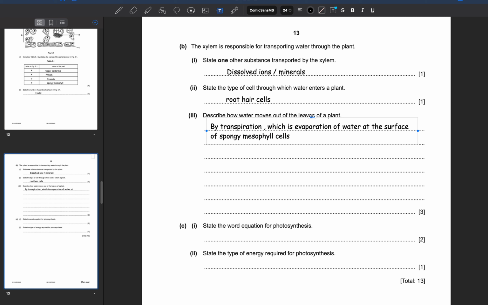First I have a layer of water surrounding the spongy mesophyll cells that undergoes evaporation, and then its movement is by diffusion, diffuse out through the stomata down the concentration gradient.